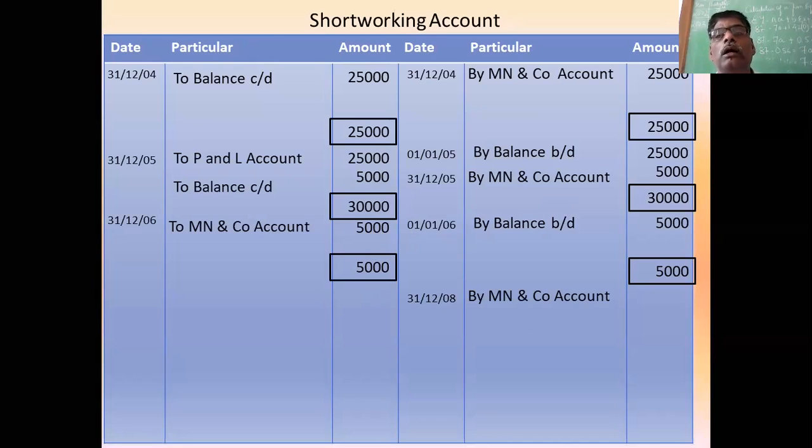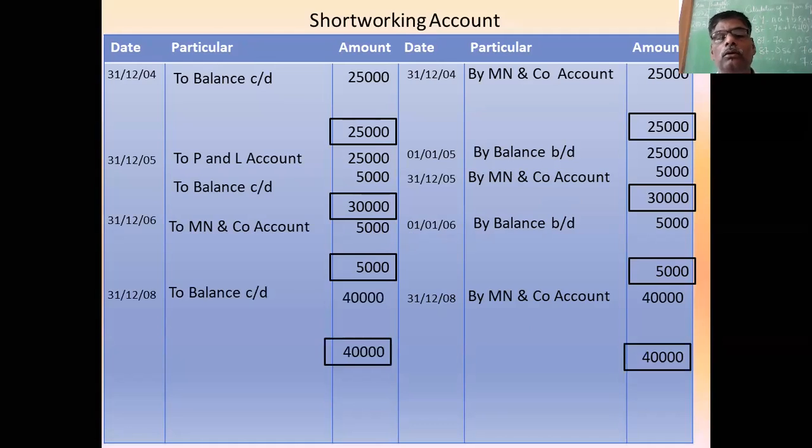There is no SWR, SWIR, SW. The three columns' amounts are not there. Therefore, I leave that year and take 2008, 31st December 2008. M&N Company 40,000 in the SW column. To balance carried down 40,000. Total 40,000. 1/1/2009 balance brought down 40,000.